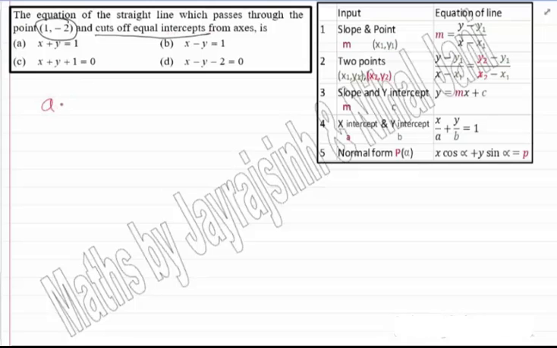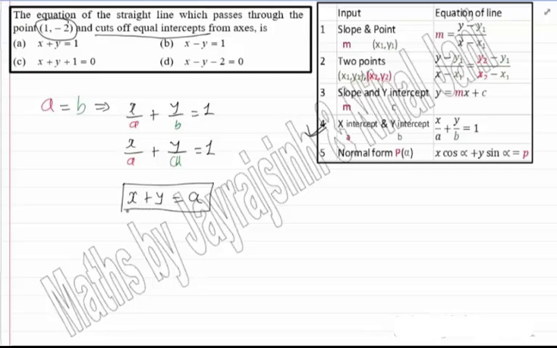That means A is equal to B. So if we use the intercept form of equation of line, which is x upon A plus y upon B is equal to 1, and apply A equal to B, then we will get x upon a plus y upon a is equal to 1, because B is equal to a, right? So let's simplify it. We will get x plus y is equal to a as the equation of line.